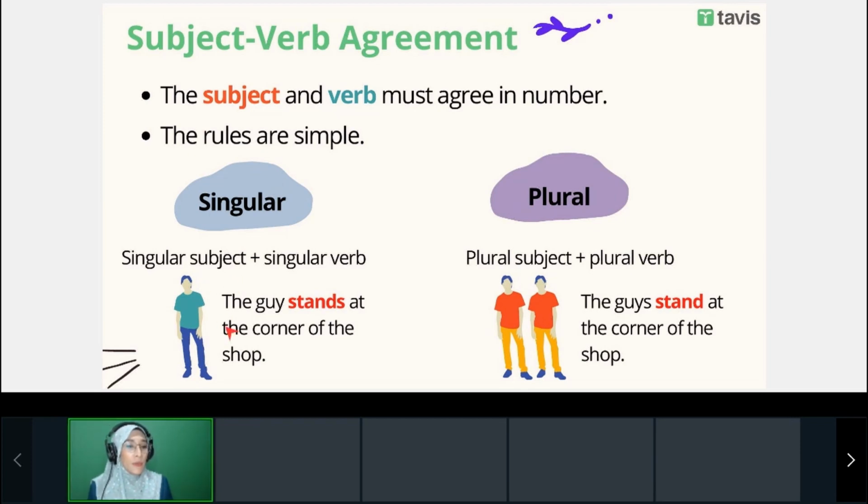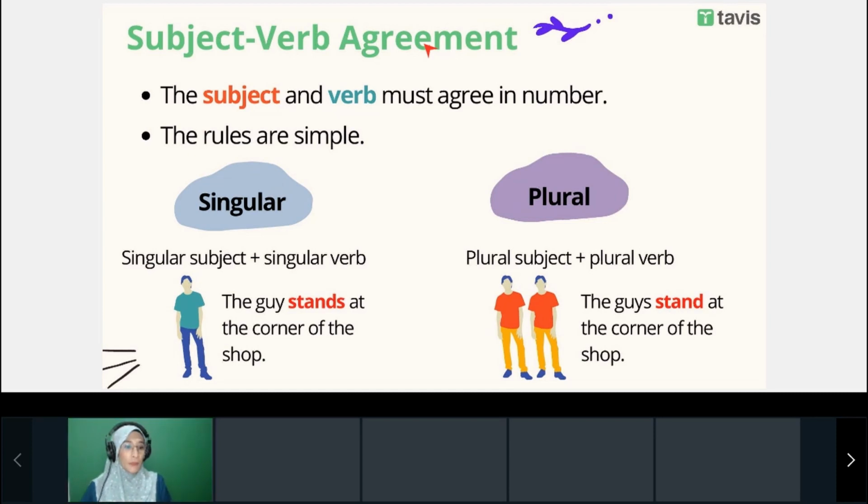Here you have an image of one guy, or one man, or one boy, right? So the guy, when it comes to present tense, the guy stands. Remember the rule just now?